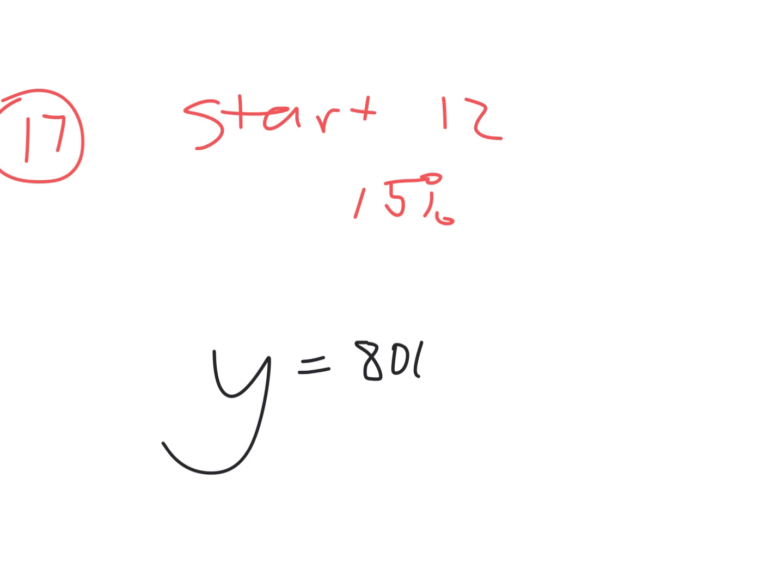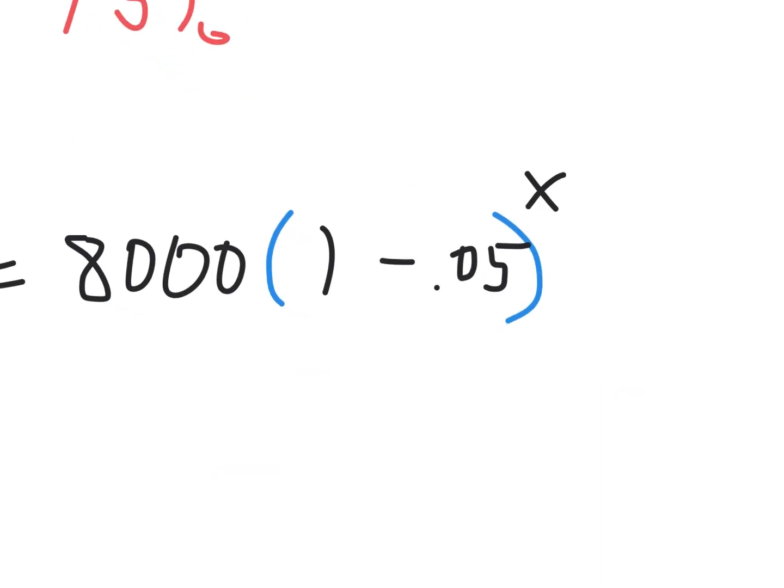Let's say that there are 8,000 bison in a national park. This would mean that the bison population started with that. That's how you do starting value. You put it in front. And that is your rate.